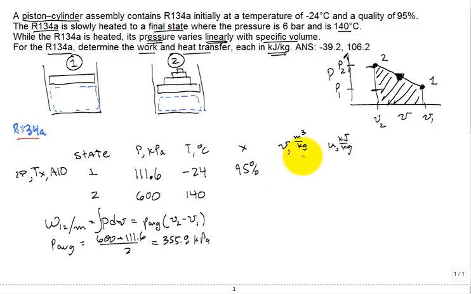That specific volume at state 1 is V sub F, almost wrote V sub G, V sub F plus the quality times V sub G minus V sub F at that line of 24 degrees in table A10. And so we calculate 0.1642. And then we go and look, well, what about state 2?